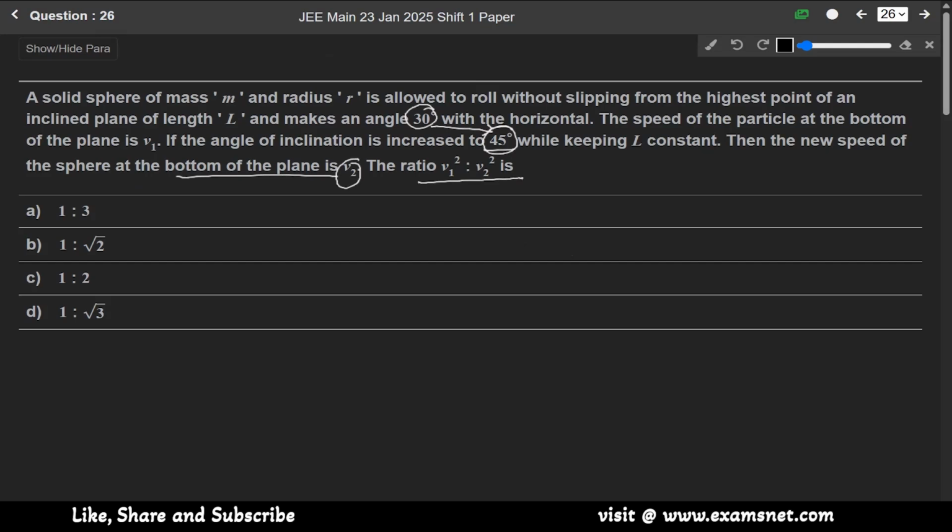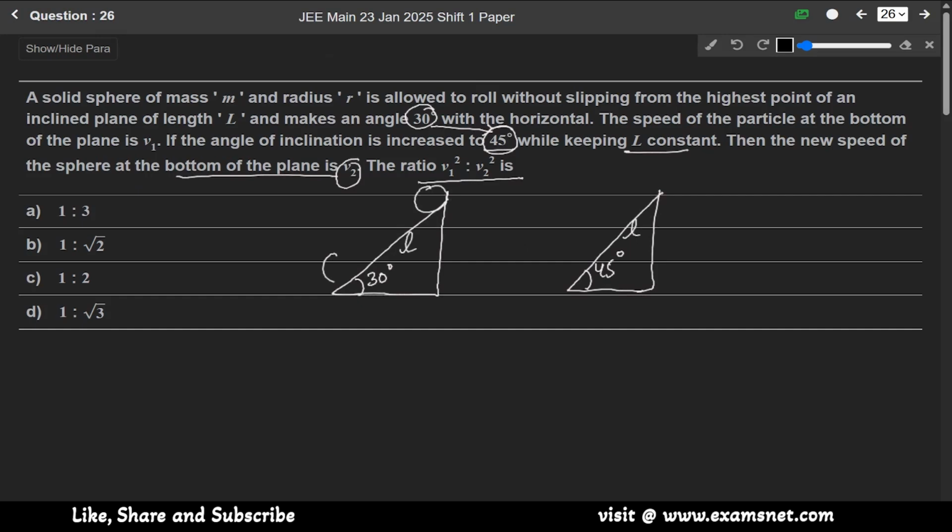In this we are given a solid sphere. First draw this. At first the angle of inclination is 30 degree, then the angle of inclination becomes 45 degree. Now keeping L constant, the length remains same, L. And it is saying there is a solid sphere rolling without slipping.